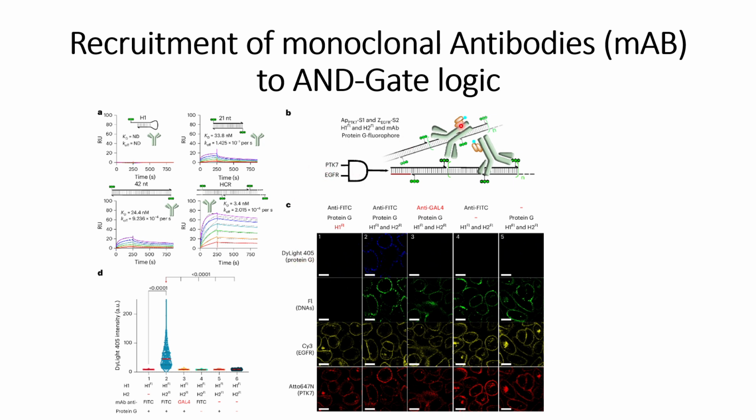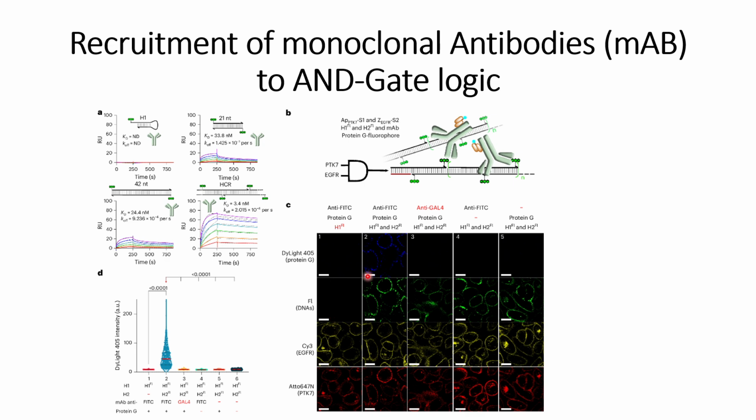Light 405 will give signals when it comes and interacts when these two antibodies are close to each other. In this case, since these are close to each other, it will give signals for this 405. They tested different combinations, and they see signals only when protein G and anti-FITC are present, indicating their specificity and the ability to recruit monoclonal antibodies.